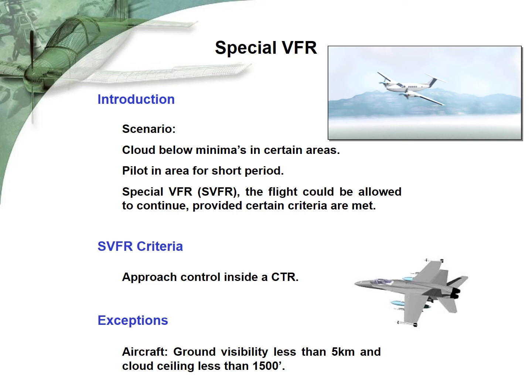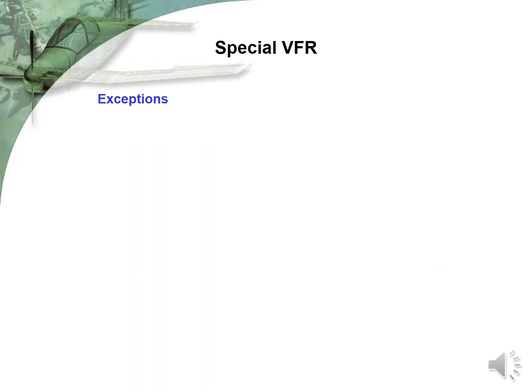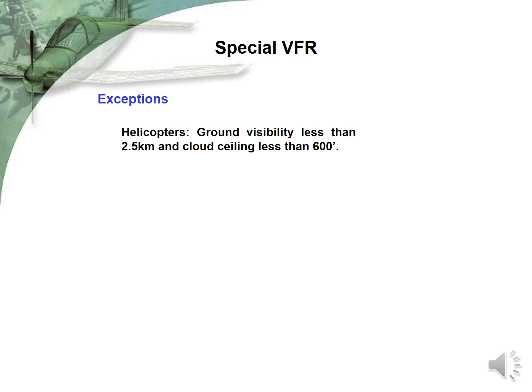The rule says that no helicopter shall take off from, land at, or approach to land at an aerodrome or fly within the control zone when the ground visibility is less than 2.5 kilometers and the cloud ceiling is less than 600 feet.